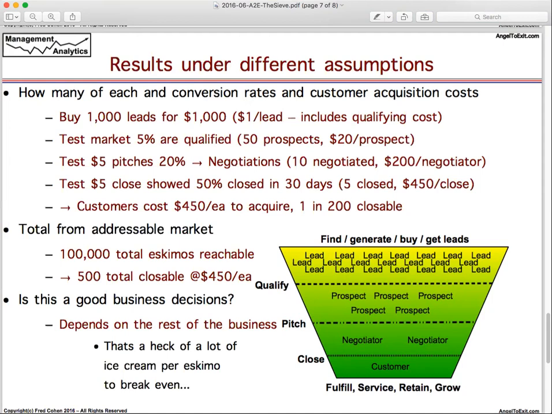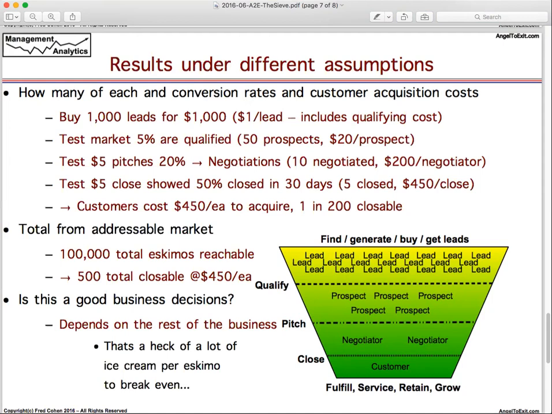That means that if you run this thing for the whole market, you're going to get 500 total closable at $450 each. So it's going to cost you $250,000, a little bit less than, maybe $225,000 to make it to that market and own those 500 customers.